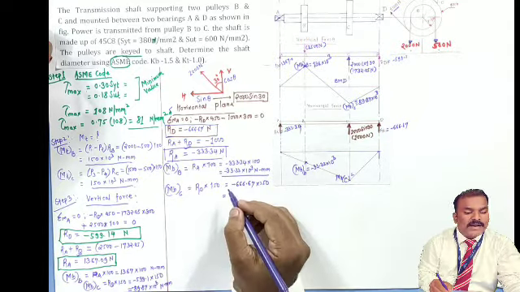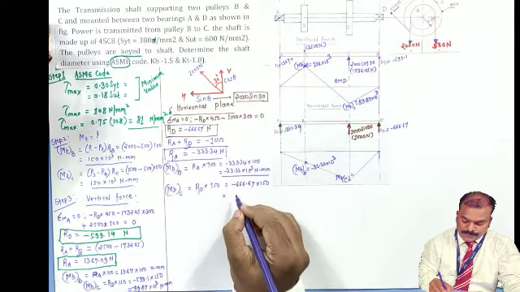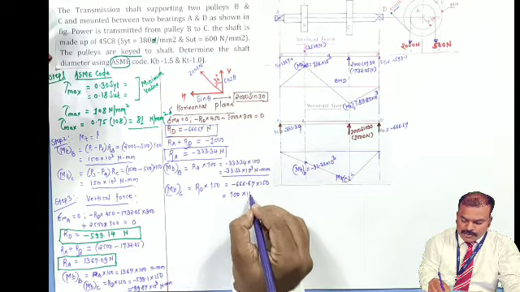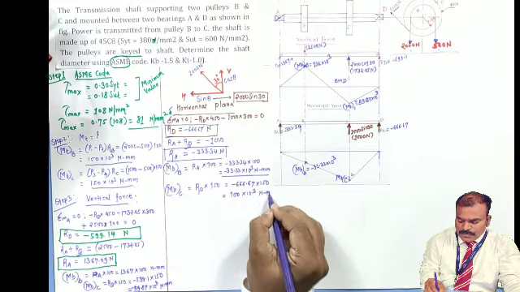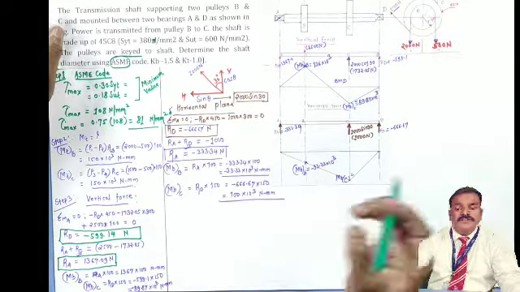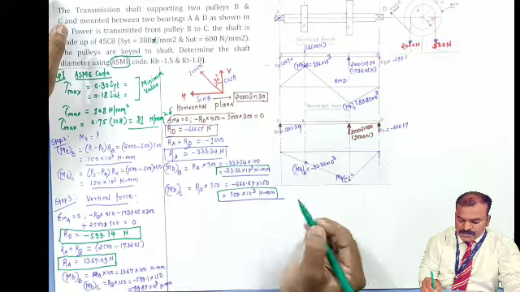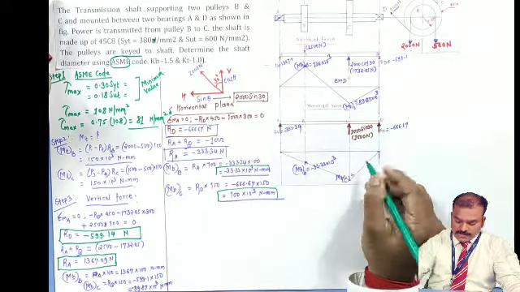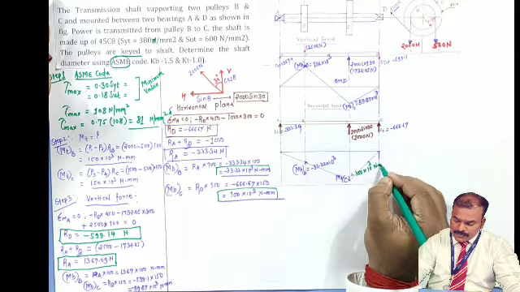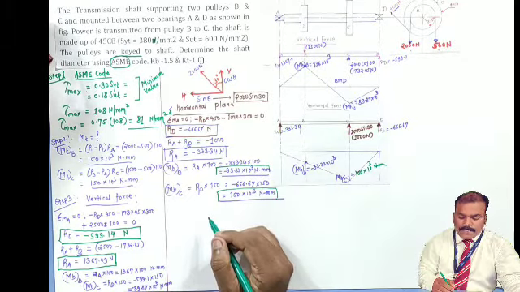So I'll get bending moment at point C is approx 100 into 10 raised to 3 Newton mm. So these are the two bending moments which we have obtained directly from the structure. So here I have written 100 into 10 raised to 3. So this will be the bending moment we have calculated.